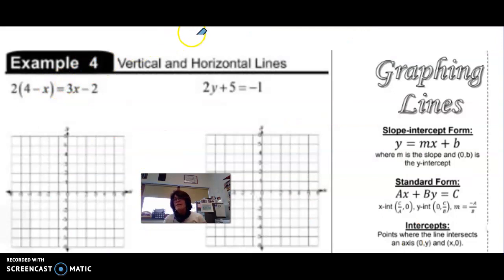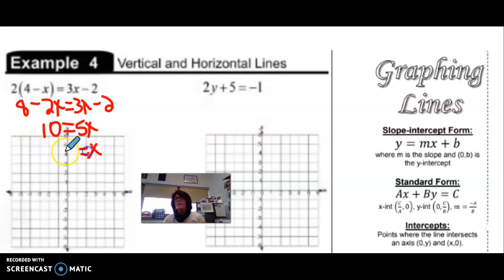Vertical and horizontal lines are supposed to be the easiest. They end up being the hardest. People just don't like these things. Okay, if you just have x equals, like for example this one, I'm going to distribute my 2 through. I'm going to add 2x to this side, giving me 5x. I'm going to add 2 to the 8, giving me 10.